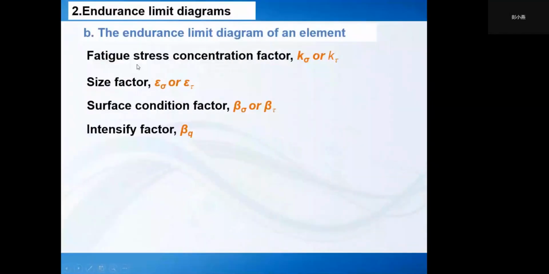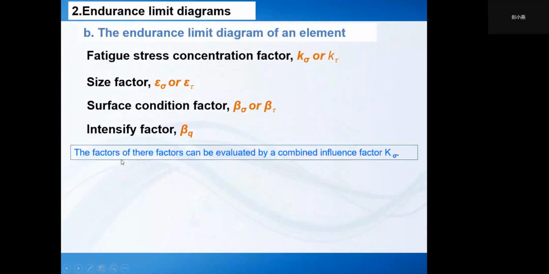There are 4 main factors that affect the endurance limit of element, and the influence of these factors can be evaluated by the combined influence factor K sigma.